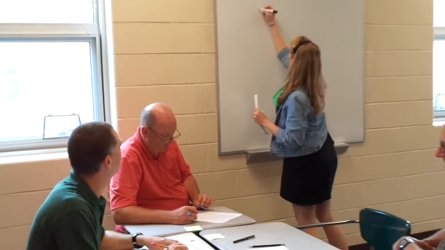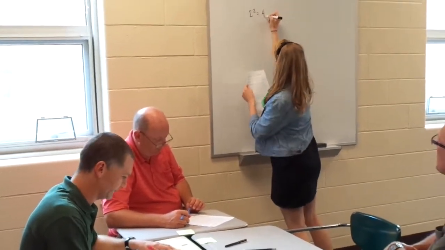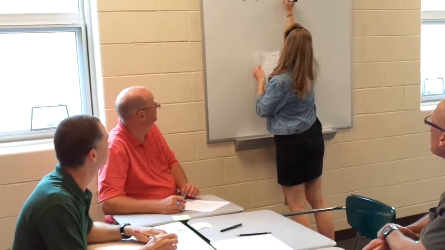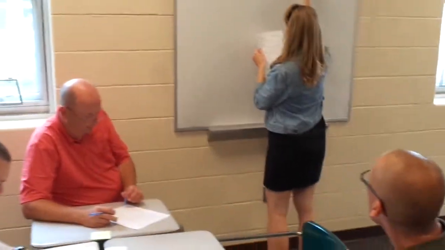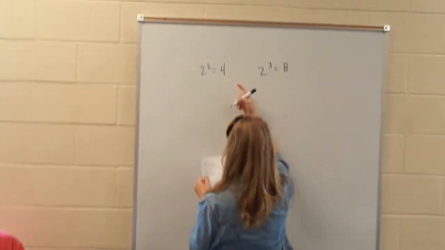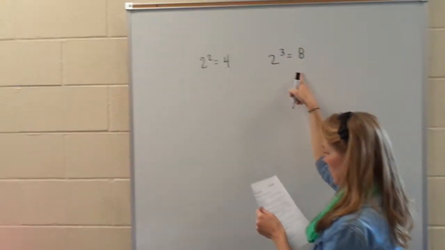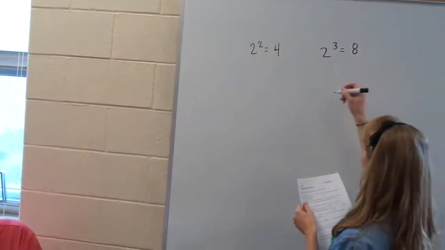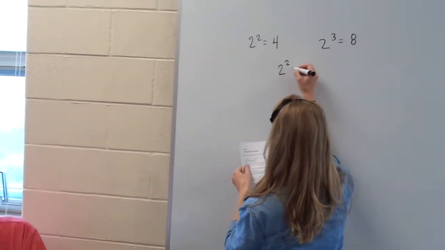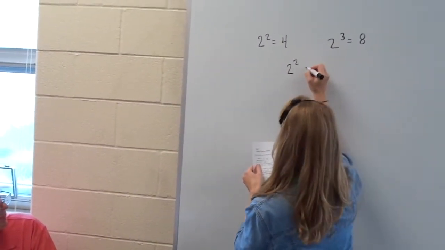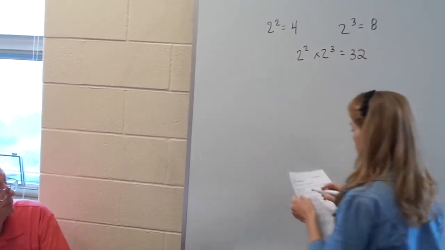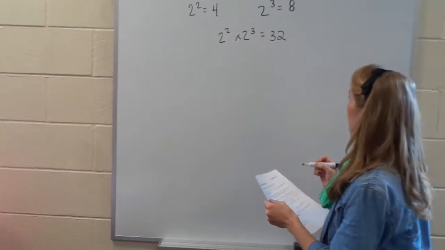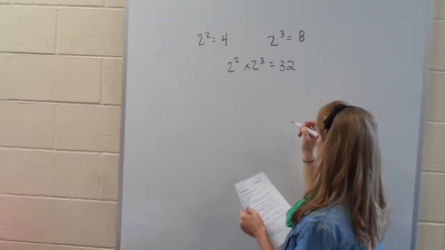Okay, so we had 2 squared equals 4, and 2 cubed equals 8. And then the 4 times 8 equals your second answer. So then you have 2 squared times 2 cubed equals 32. And it says how many 2's are needed to multiply? Well, we did the math and it came up to 5.